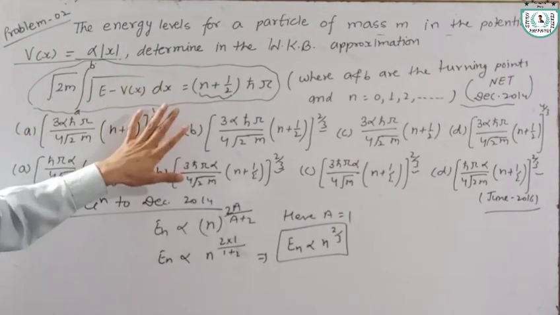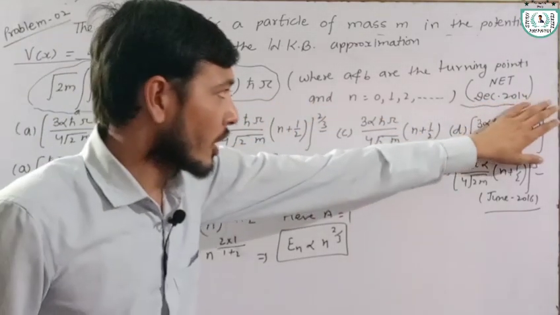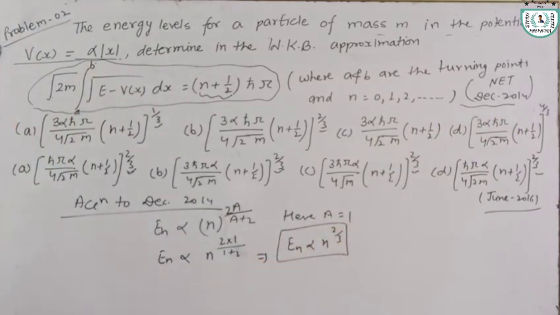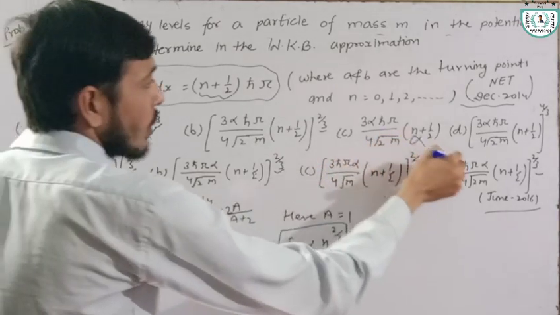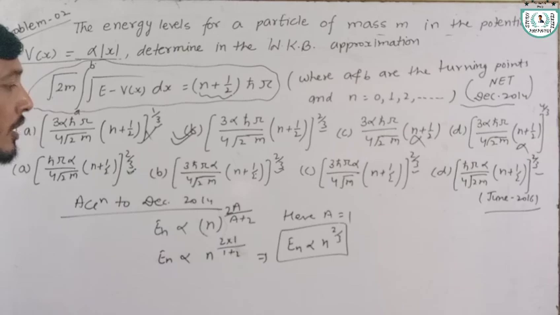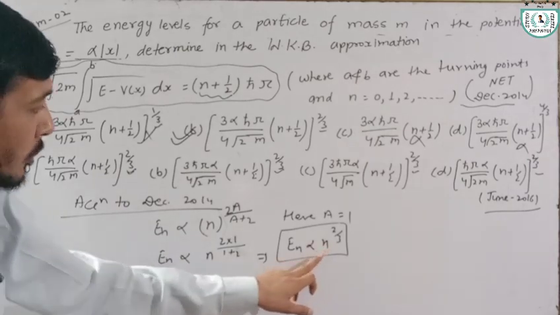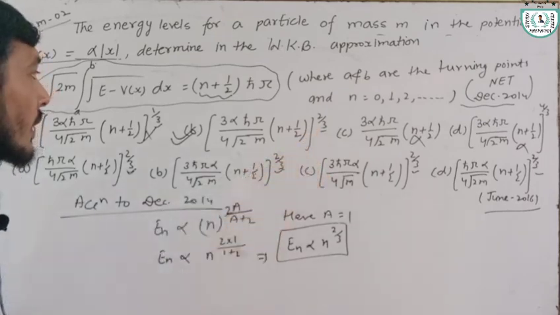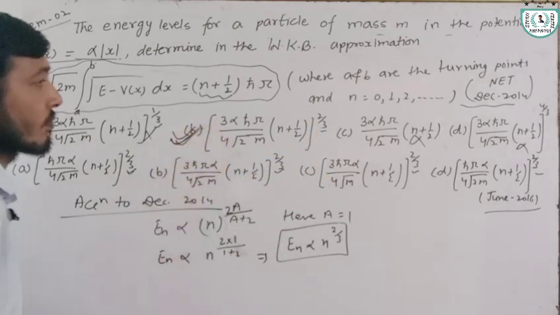Now we will check the options, in which option n raised to power 2 by 3 is coming. This option is not applicable, this one also, this one also. In this option we will find that n raised to power 2 by 3 appears. Okay, this is the correct answer for this question.